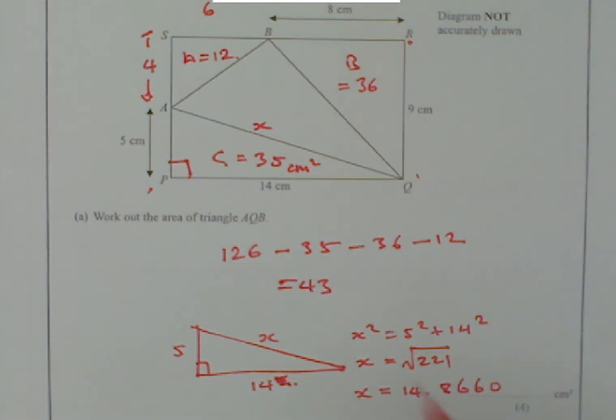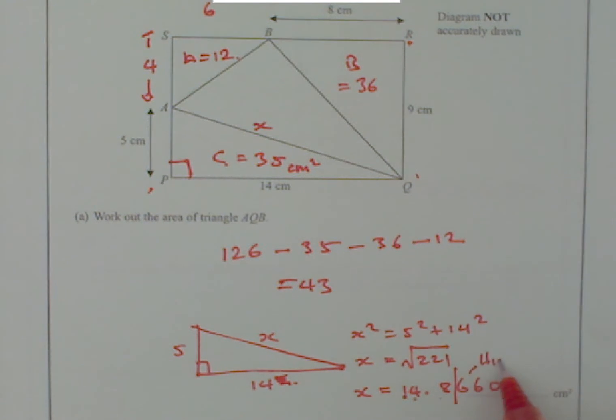So I get X is equal to the square root of 221, and that gave me this on the calculator, which first significant figure, second, third, make a cut, that it's high. Okay, so my answer is 14.9 to 3 SF.